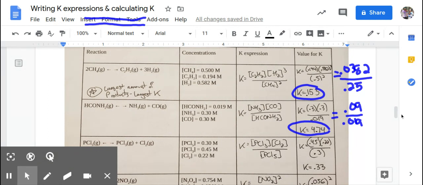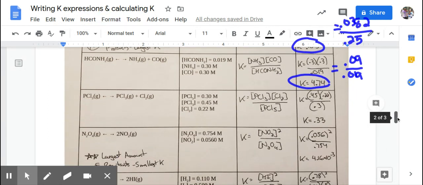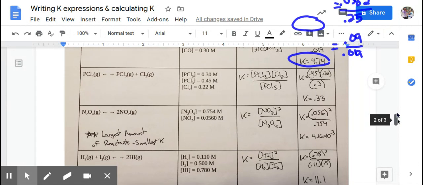Moving down to the third one, PCl5 is in equilibrium with PCl3 plus Cl2. Again, it's all 1:1 mole ratio, so there are no exponents. It's just products over reactants, multiplying the concentration of the products. PCl3 is 0.45, Cl2 is 0.22, PCl5 is 0.3.